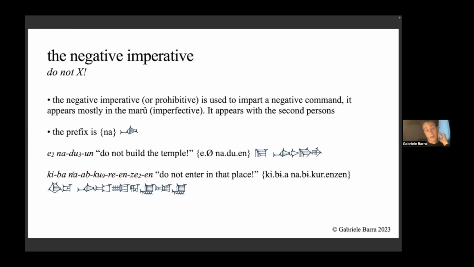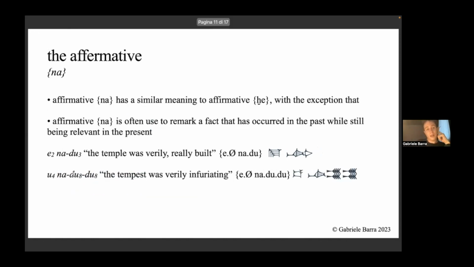Now, the thing is, na is not only used for that. There's more than that. You also use it to form an affirmative sentence, an affirmative period. Now we have already seen an affirmative kind of modal prefix, which was he. This one is similar, but it is difficult to describe.